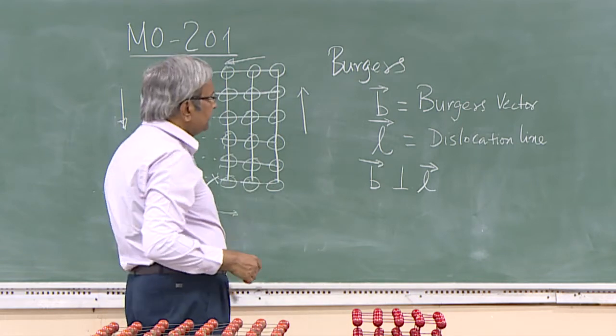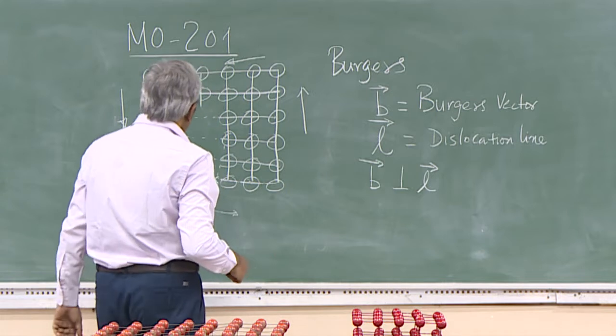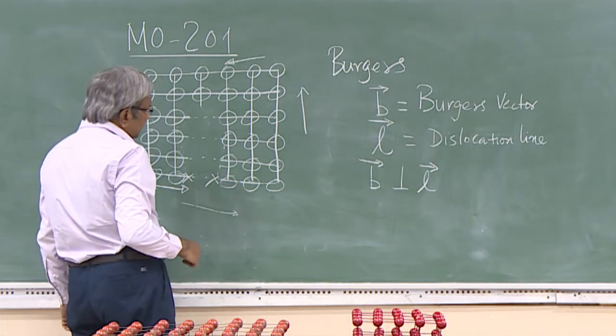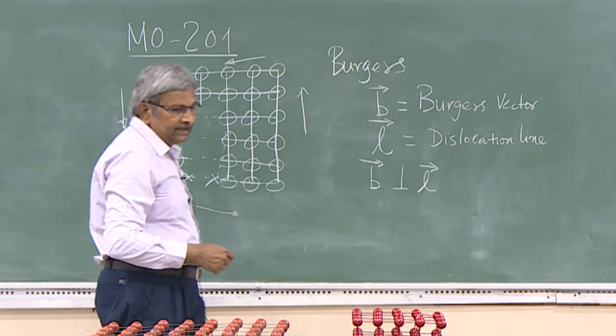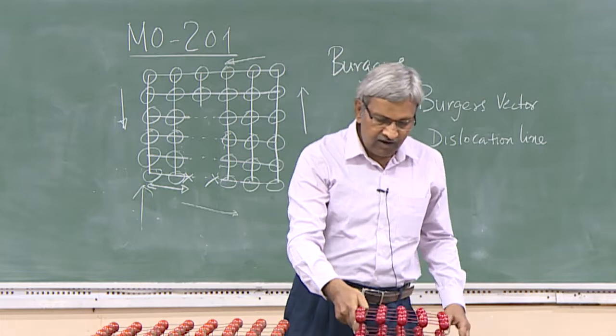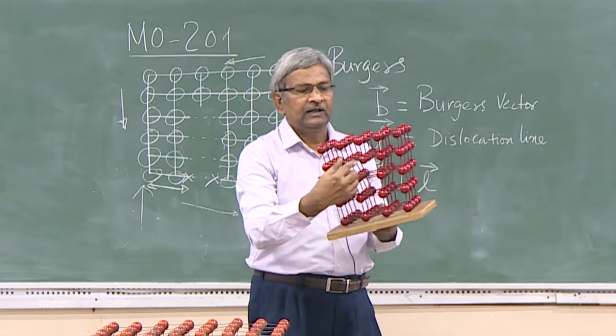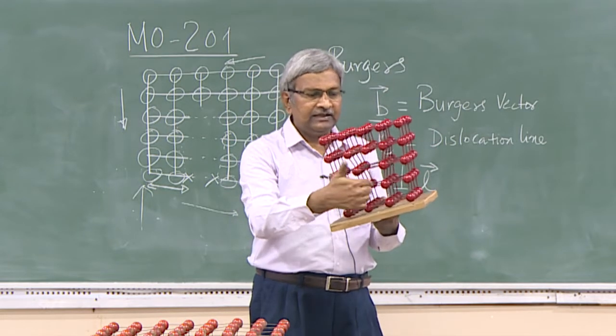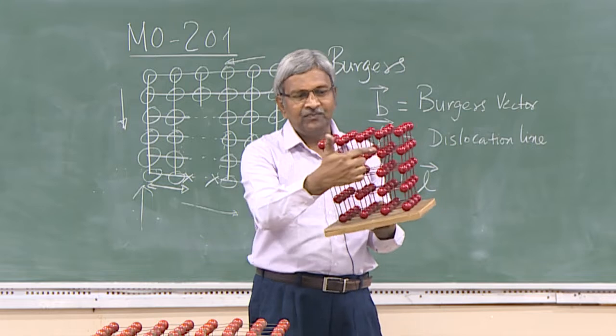Edge dislocation is represented by, are you able to see that you can really see something like a figure of T type, see this, see this, and there is a missing one. So, there is a T type which forms.